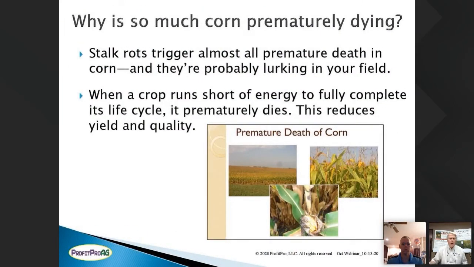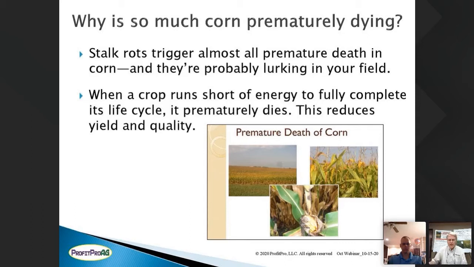So let's get into why so much of our corn crop is dying prematurely every year, and it seems like it's getting worse and worse. At the end of August, first part of September, we see stalk rot is triggered, and premature death of the corn starts from the bottom up and the top down.